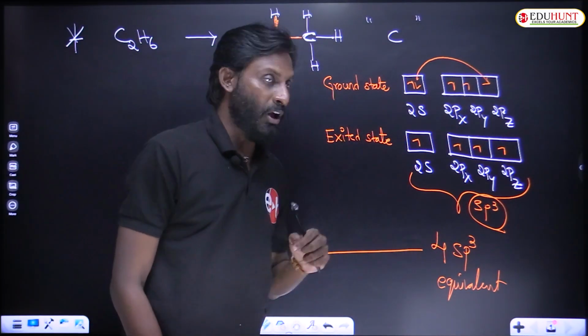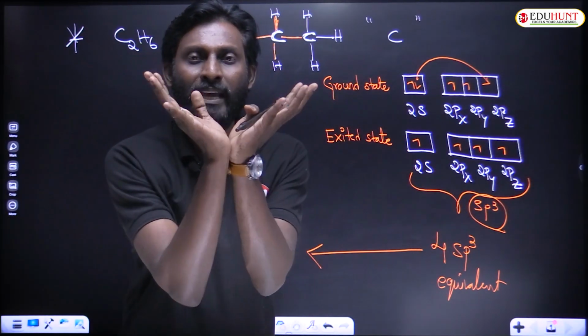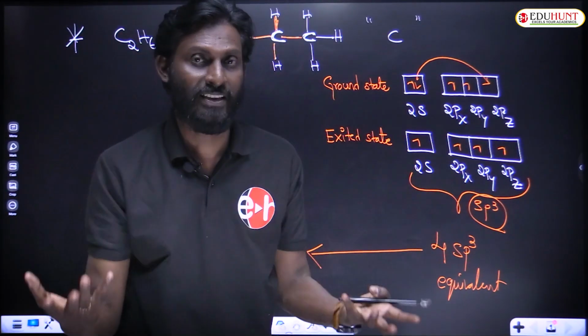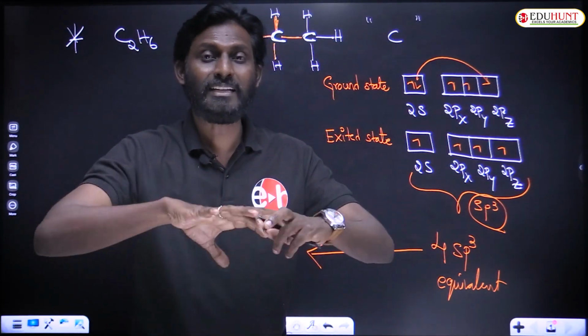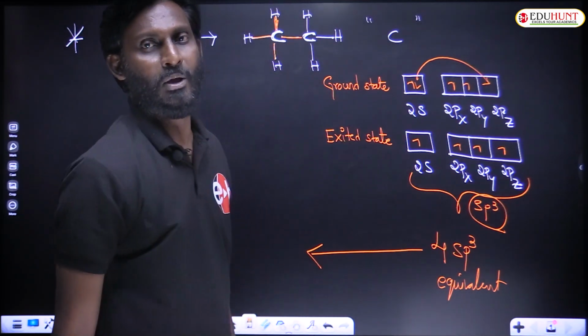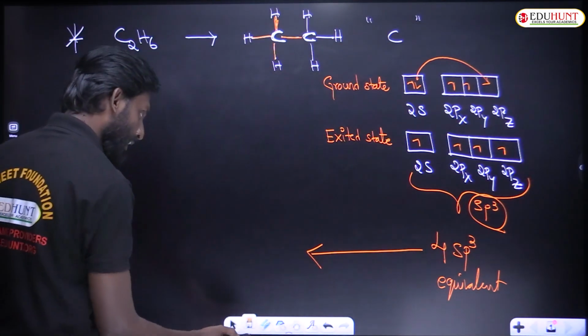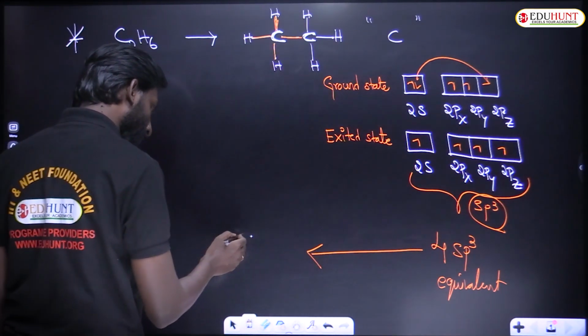When there are 4 orbitals, they will orient in space in such a way as to have minimum repulsion, and the geometry which gives minimum repulsion is the tetrahedral geometry. Now you have to arrange these 4 orbitals in space in a tetrahedral manner.